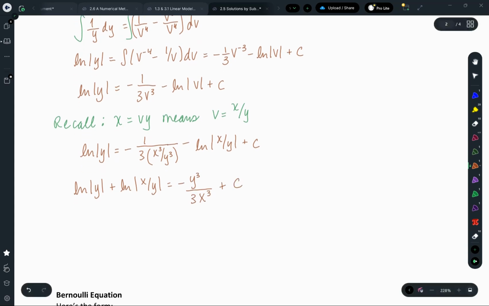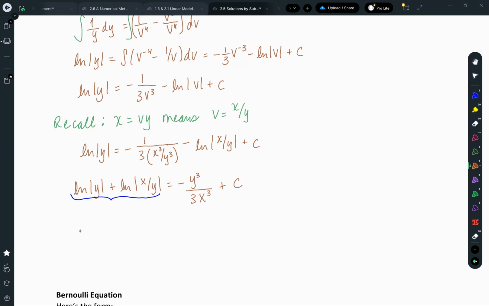Now I'm taking this further because I know for certain that this problem in WebAssign requires a nicer written answer. Once the y is all together, it doesn't ask for us to solve for y explicitly, but it would like y to show up in one place. So I want to use log properties right now. If I have a sum of logs, that is equivalent to the log of a product of the things inside.